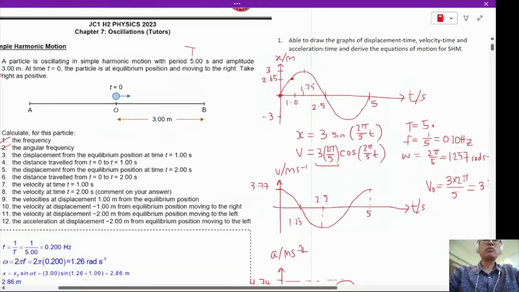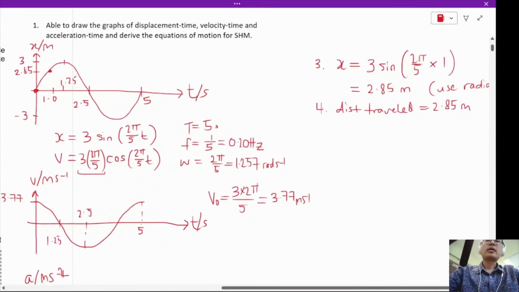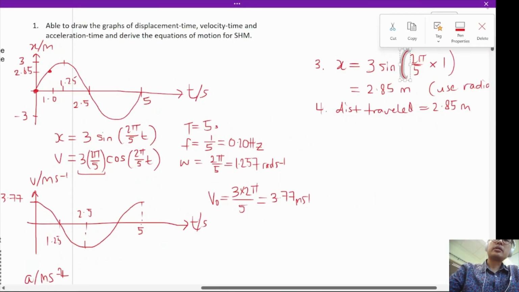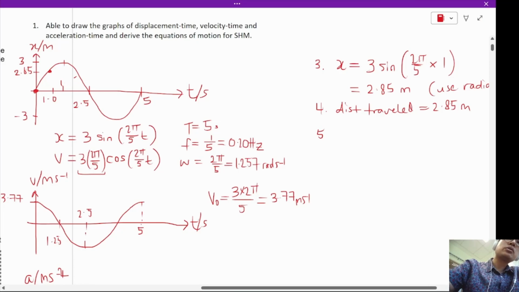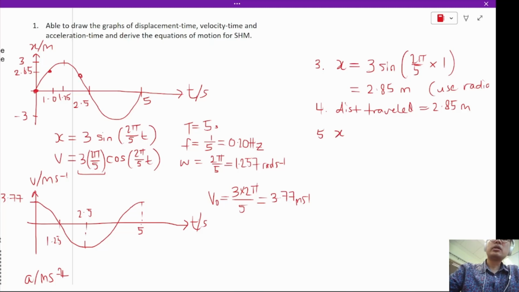Now, let's take a look at question 5. What is the displacement when time is 2 seconds? Okay, so let's take a look at the graph. Now, when time is 2 seconds, it turns out that it's going to be somewhere over here, between 1.25 and 2.5. So let's fill in the equation again. x equals 3 sine of 2 pi divided by 5 multiplied by 2.